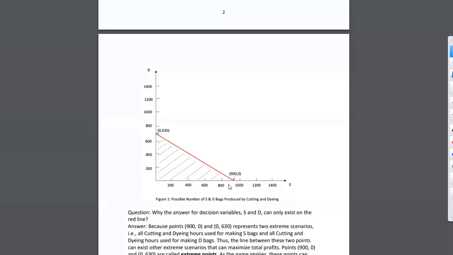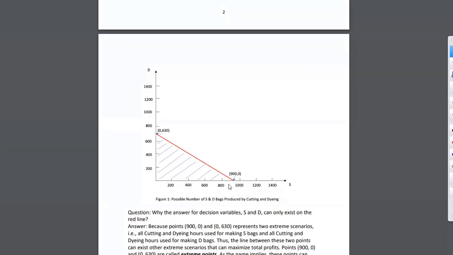Now I look at the second extreme scenario. I want cutting and dyeing to completely focus on deluxe bags, 0 standard bags. 0 standard bags means what? The value must lie on the y-axis, right? So what should be the value? We already have the answer, right? It takes cutting and dyeing 1 hour to manufacture one deluxe bag.